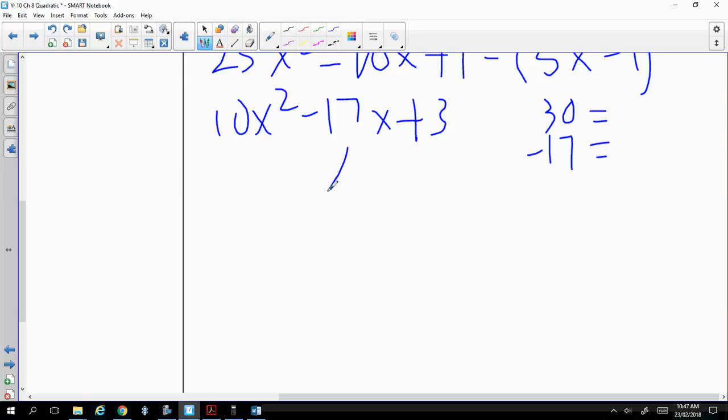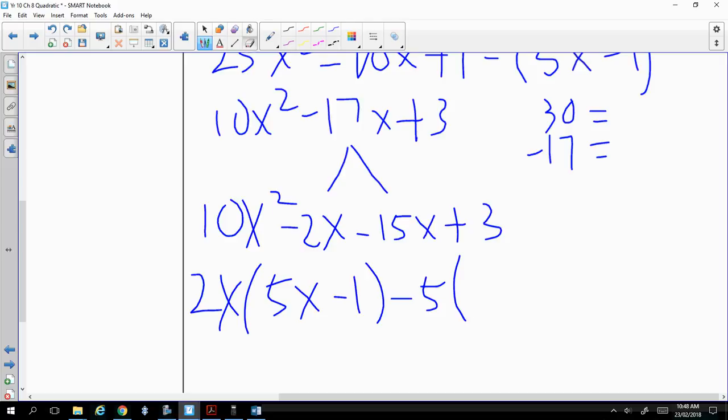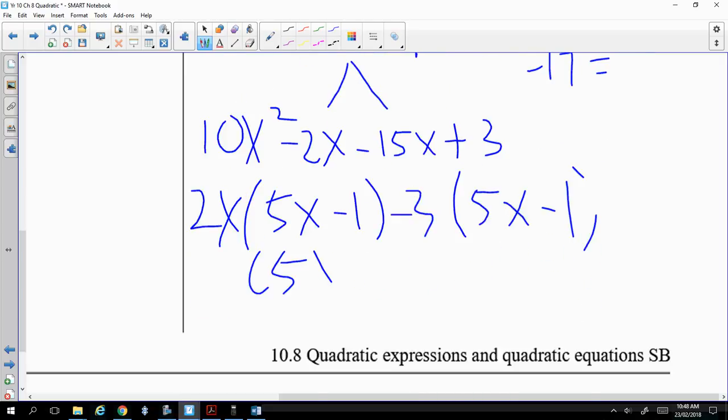Negative 2x, negative 15x. And then take out common factors, so we get 2x, 5x minus 1, minus 3, 5x minus 1, which become 5x minus 1, 2x minus 3. Now we've got all three.